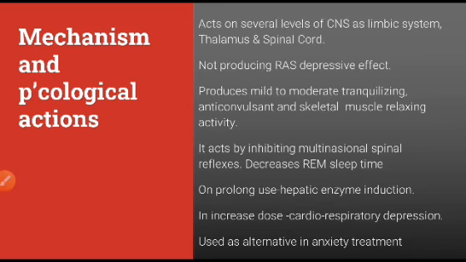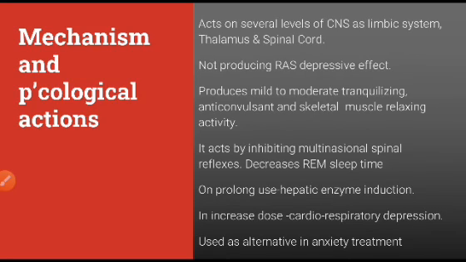But it can produce mild to moderate tranquilizing, anticonvulsant, and skeletal muscle relaxant activity. It acts by inhibiting multineuronal spinal reflexes, and it also decreases REM sleep time.